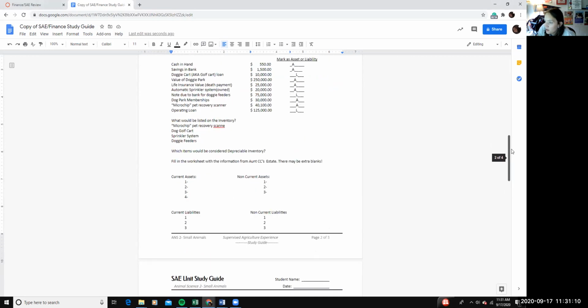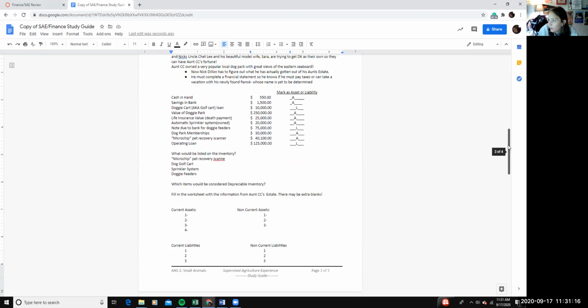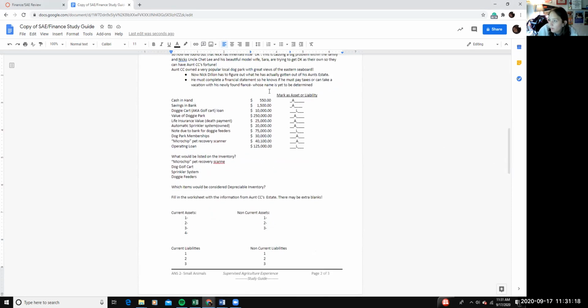All right, so then you're just dividing them into categories here. What are your current assets and non-current assets? If we go up here and look, we have an asset of cash on hand and savings in the bank. Those can quickly be converted to cash, or it is cash, and you could spend it within 12 months.